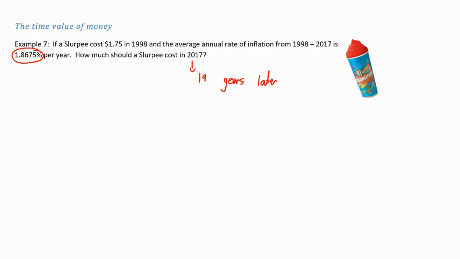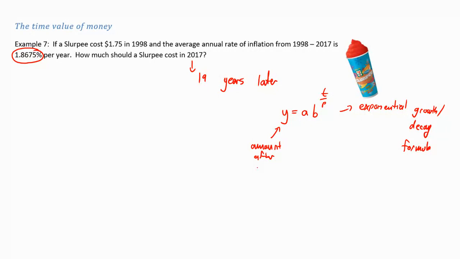Now on your formula sheet, we're going to see this formula, which is our exponential growth/decay formula. This is the amount after time. This is the starting or initial amount.